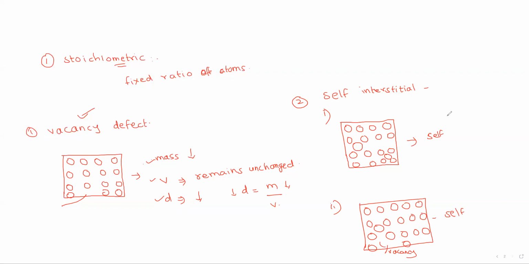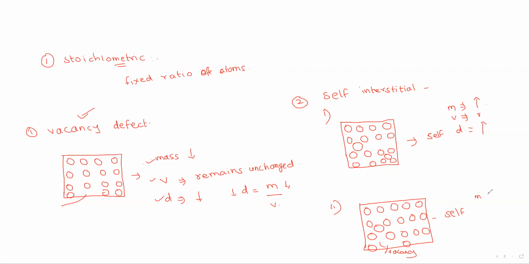Now, what will happen in the case of mass, volume, and density? Volume will definitely remain unchanged. Mass increases. Why? Because an extra particle is there. And if mass increases, density will also increase. And in the second case of self-interstitial, mass will not increase or decrease, because the particle from the regular site has just changed its position.